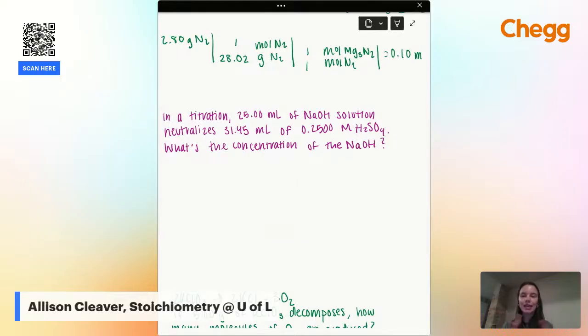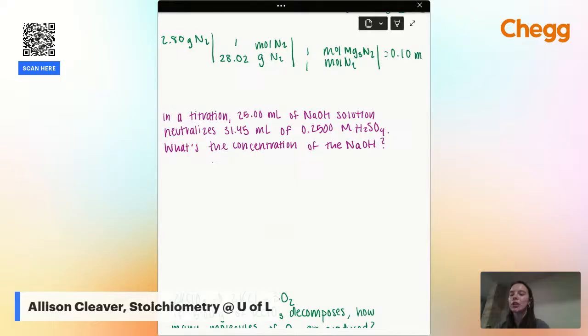Because strong acids and strong bases cancel each other out, all we have to do is set up a dilution equation to figure out the molarity of the NaOH. Now, if this was a strong acid and a weak base, or a weak acid and a strong base, there'd be several more steps that we need to take into account. But since it's a strong acid, strong base, that's all we need. And we just do that dilution.